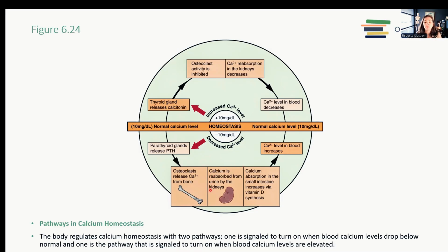Calcium also is reabsorbed from the urine where we might have been urinating it out, and we reabsorb it in the kidneys, and also calcium absorption in the small intestine, and that is, remember, needing vitamin D synthesis to occur so we can uptake it, and we get an increase of blood calcium levels. So this is all about just maintaining blood calcium levels at any given time, where we have the thyroid and the parathyroid gland helping stimulate and keeping that homeostasis.